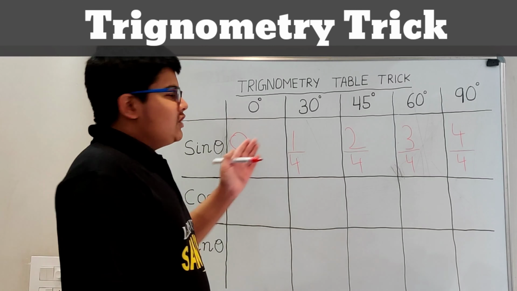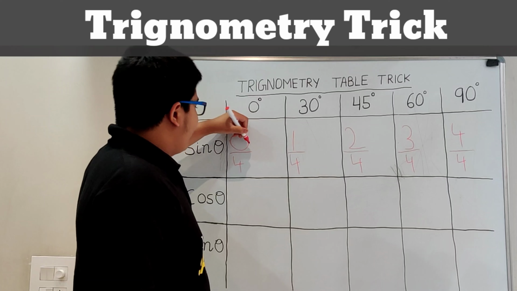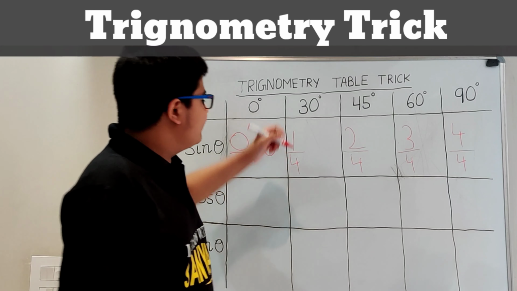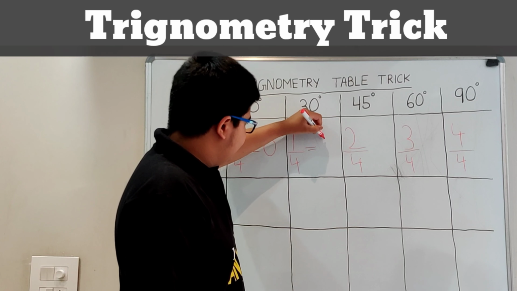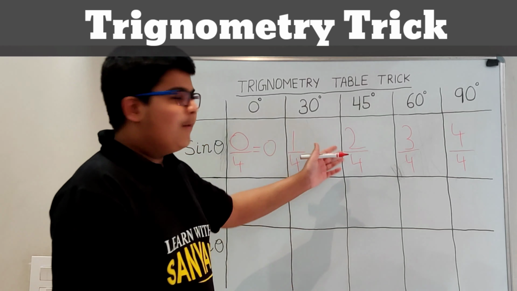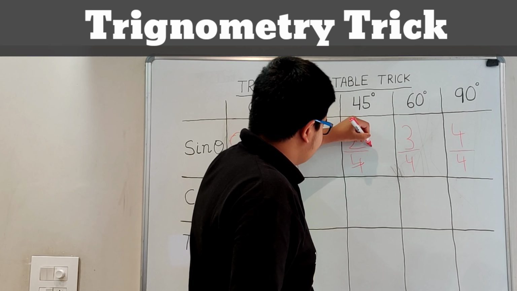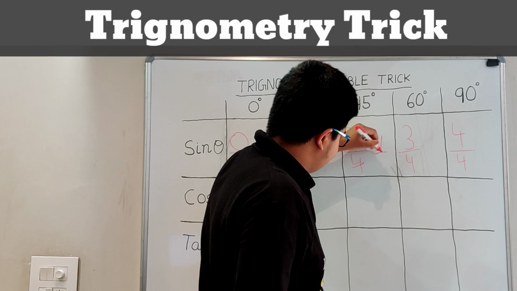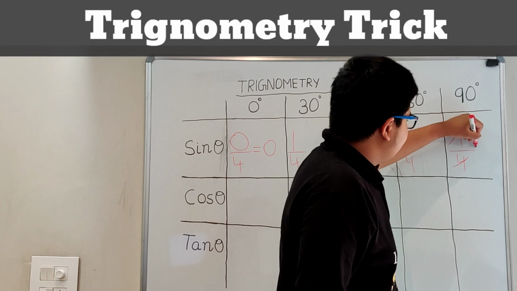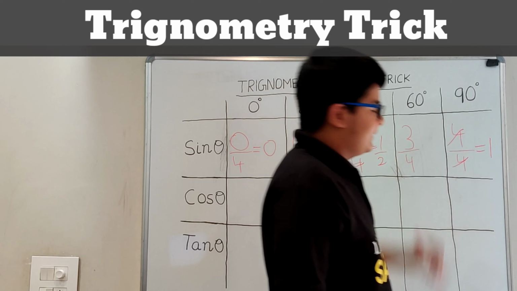Now what values do we obtain? 0 upon 4 is nothing but 0. 1 upon 4 is also 1 upon 4. 2 upon 4 can be reduced to 1 upon 2. 3 upon 4 remains same and 4 upon 4 can be reduced to 1.